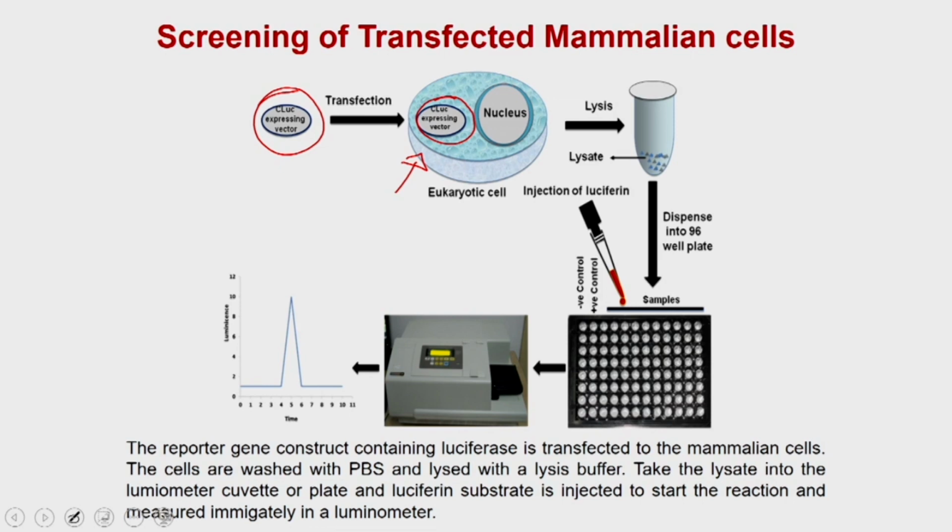Then you can collect this lysate and put it into the black plate, which is the ideal plate for doing luciferase reactions. You can include negative and positive controls, and then you add the substrate, put it into the multimode reader or luminometer, and you are going to see a short lived signal from the enzyme.